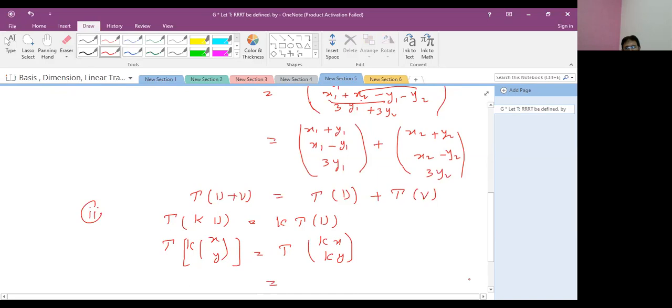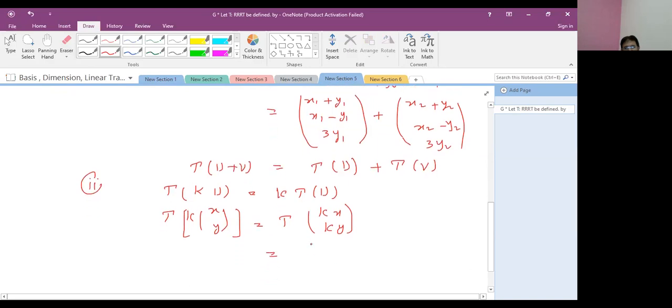If we apply the transformation according to the given condition, K times of X plus K times of Y, plus K times of X minus K times of Y, and 3 times of KY.